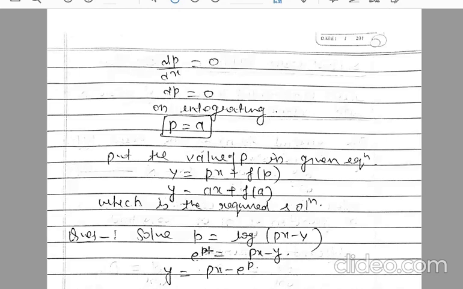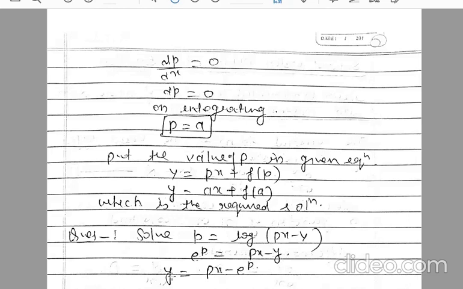Now there is an example: solve log p is equal to px minus y. So we need to check which case will be applicable here. We can see that y is equal to px plus fp. px is here, so just check whether there is another function of p. You can write log p as e to the power p is equal to px minus y.